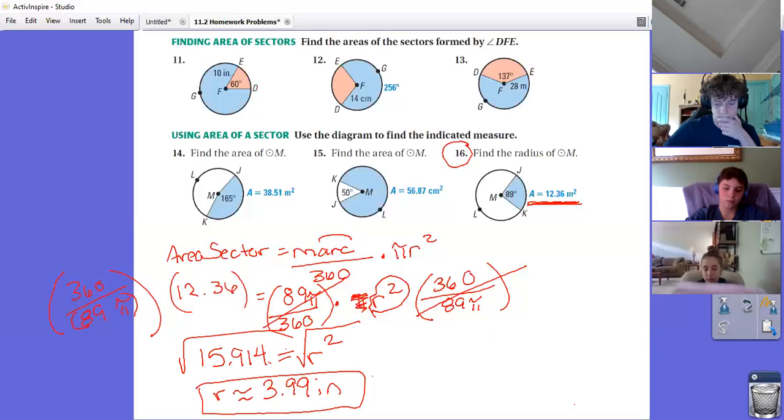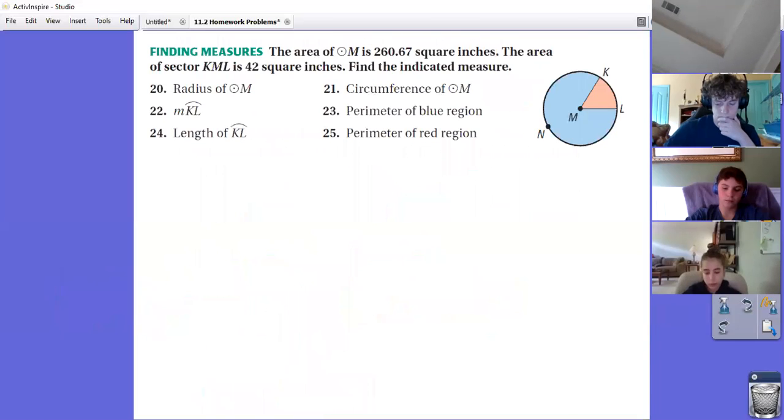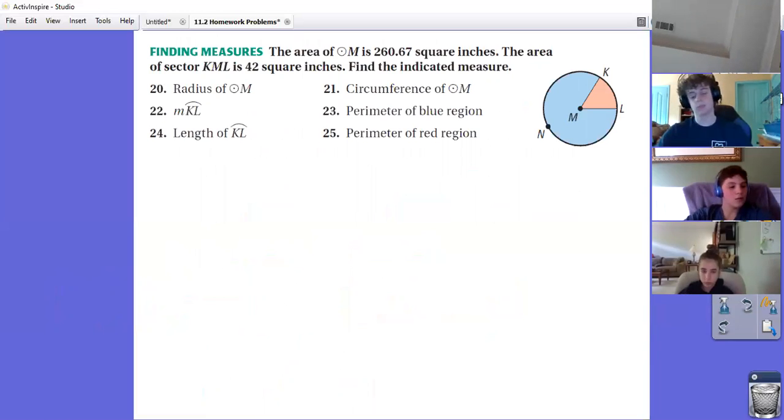All right, so let's look at 23. I'm going to go ahead and put the answers for 23 through 25. Once again, when you submit your homework, I want to see what goes with it, because these particular questions, 20 through 25, built on each other. You had to find the radius first to find the circumference.